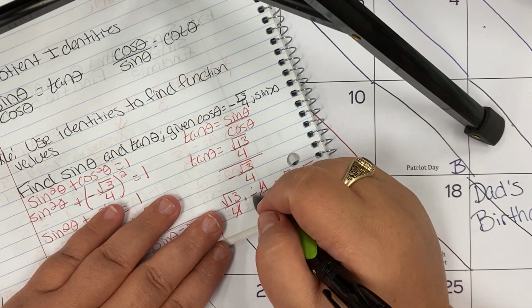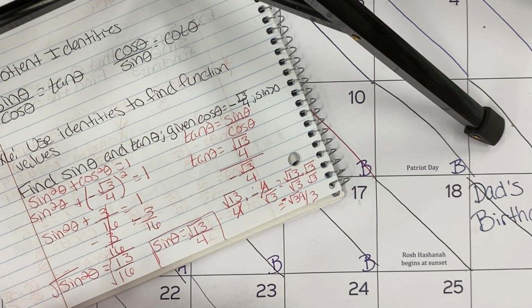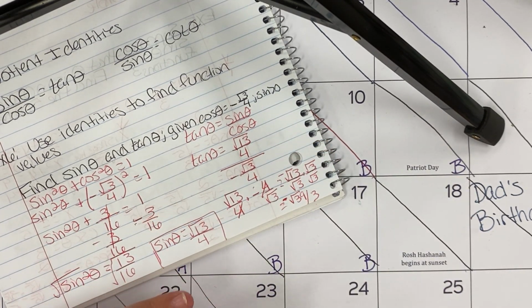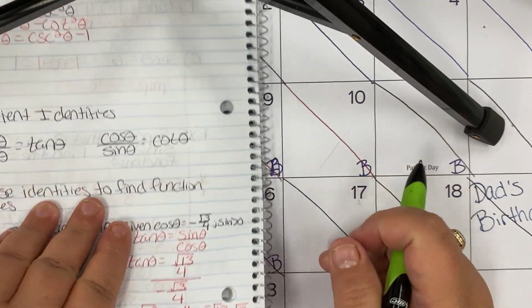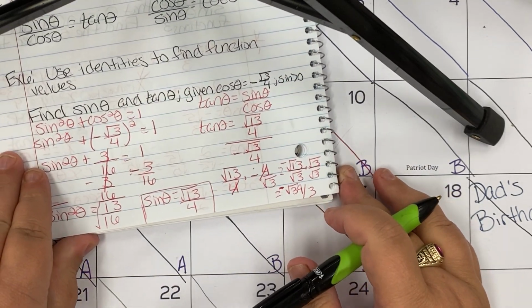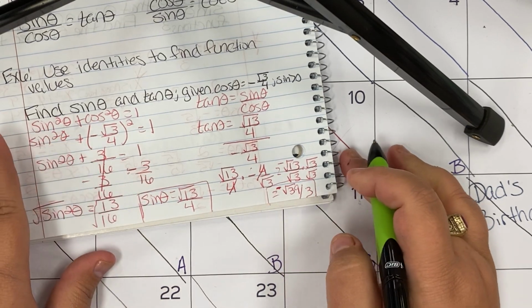Well, we have that negative sign that I forgot. So that's actually why it's negative. So negative square root of 39 over 3 is tangent. I hope you guys saw that. We'll put that down there again. So this right here is my tangent value.